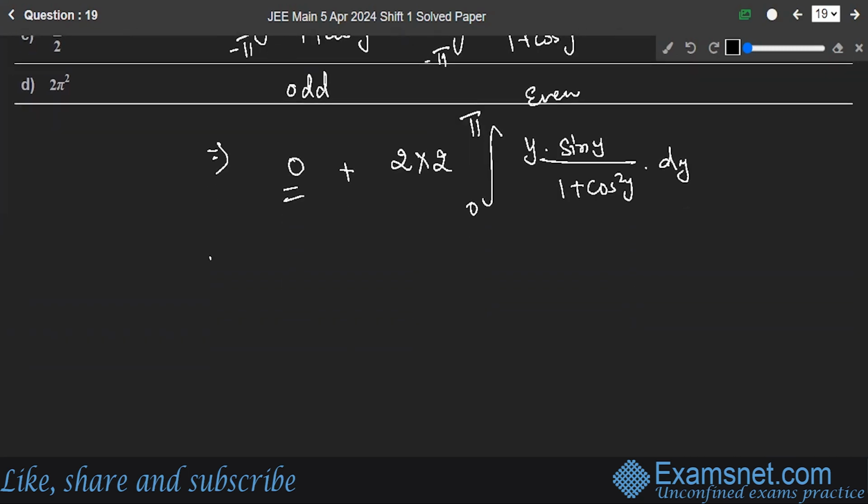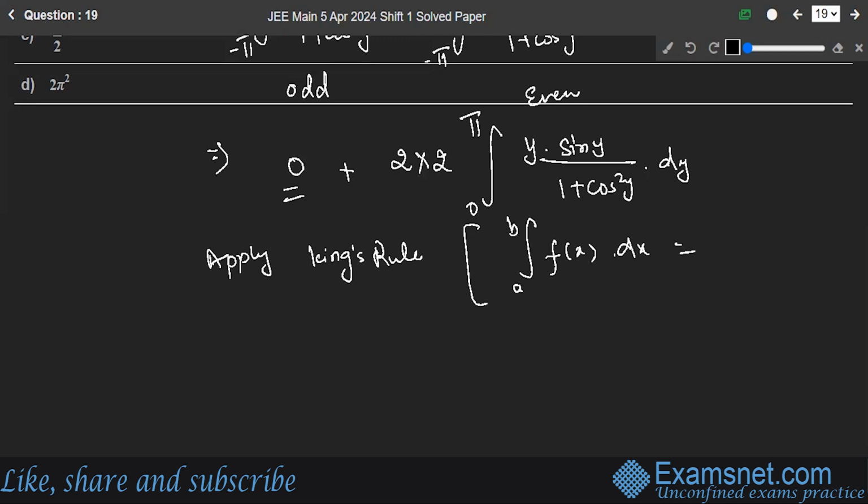Right. Now let's apply King's rule. You know that integral of limits a to b f(x) dx is equal to integral limits a to b f of a plus b minus x dx.